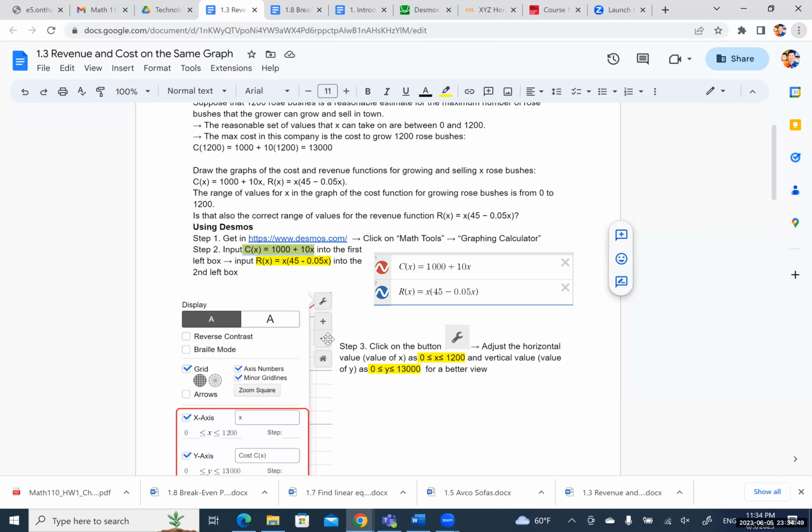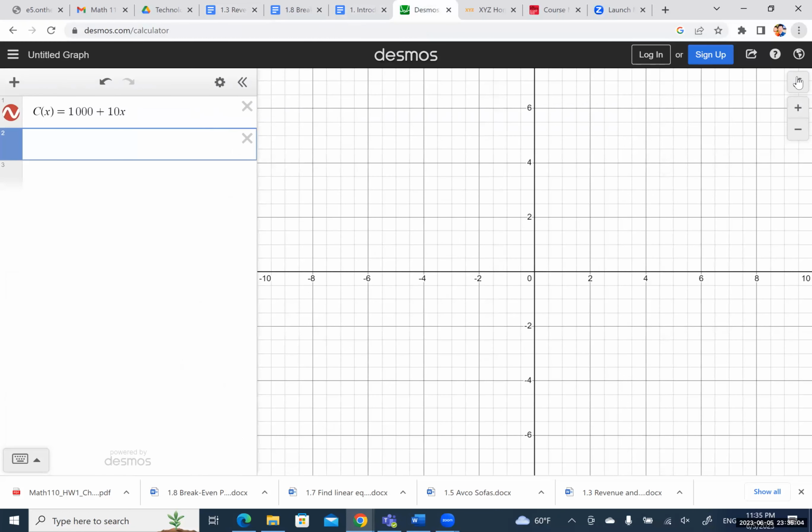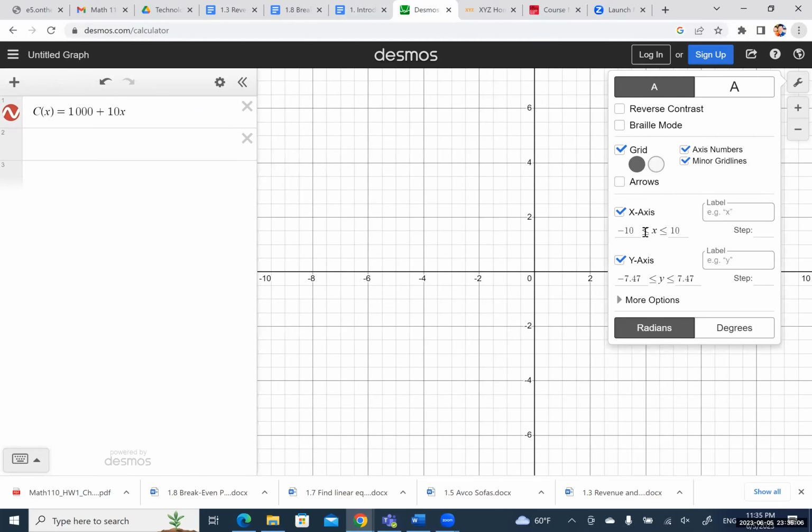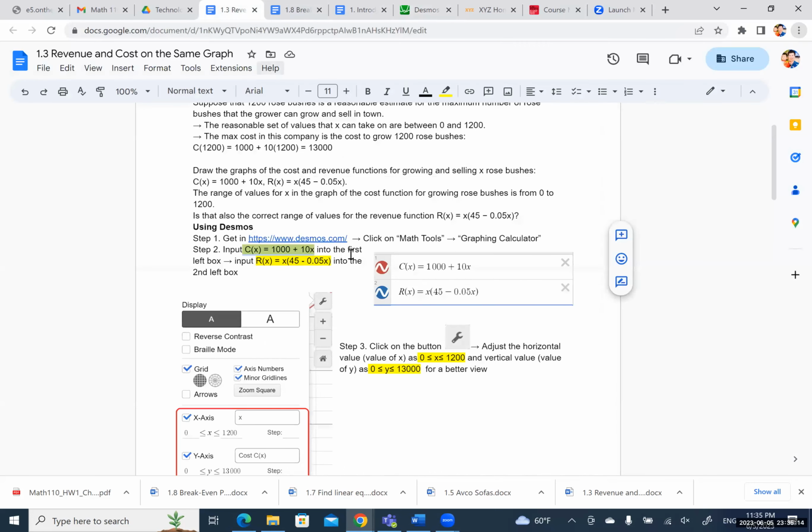So I will click on the button here, Settings, and then change the x-axis to be from 0 to 120, that's right, 0 to 120.